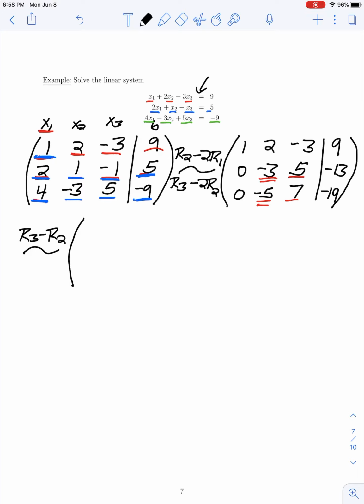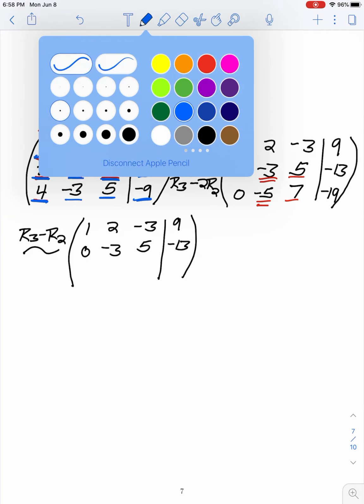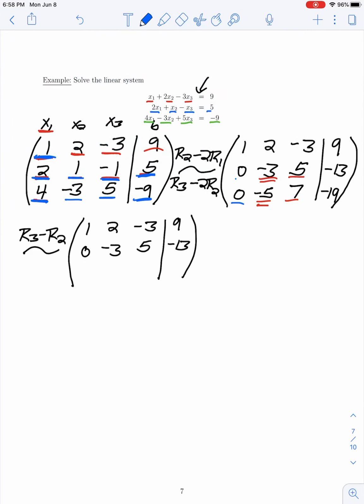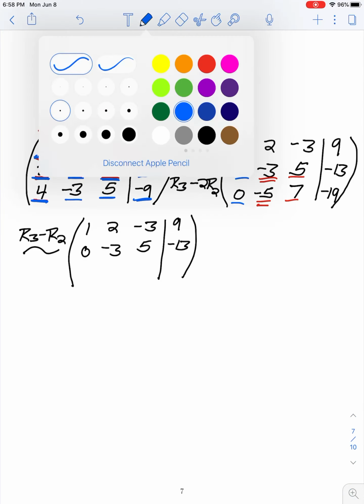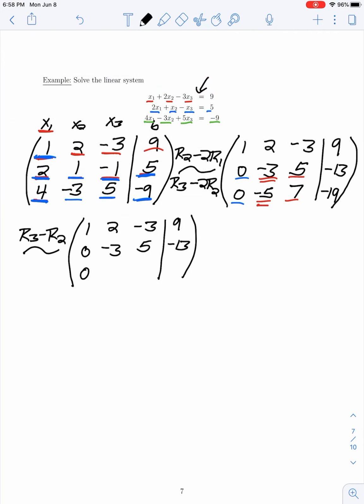We have our first row still the same: 1, 2, negative 3, positive 9. Our second row, we're leaving alone for now. We have 0, negative 3, 5, and negative 13. And if I'm taking row 3 and subtracting row 2, let's see what we have. For our x1 coefficient, 0 minus 0, which is 0.